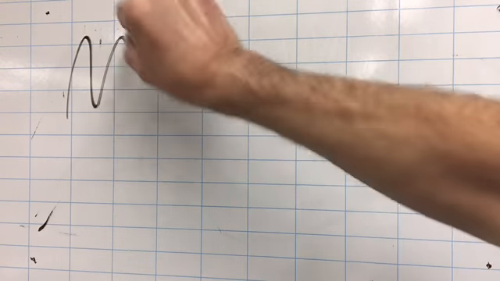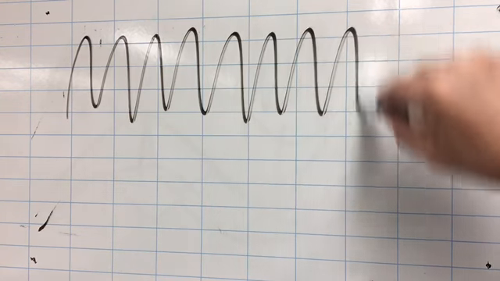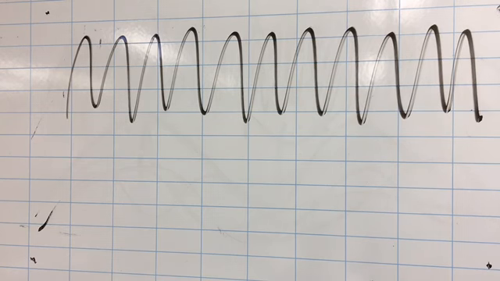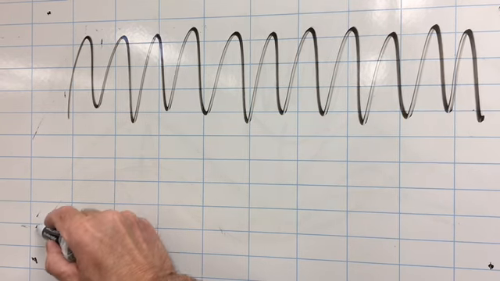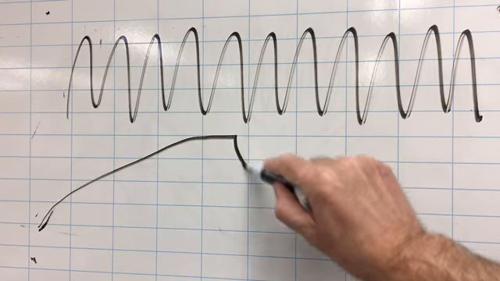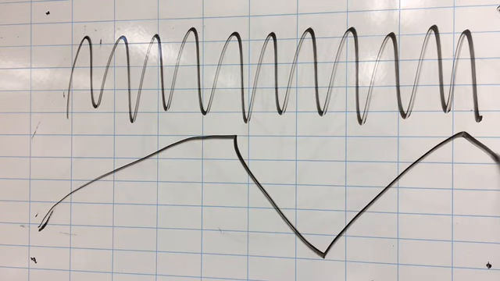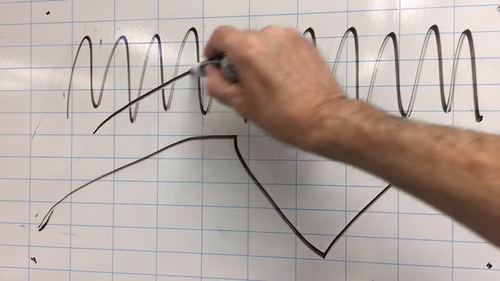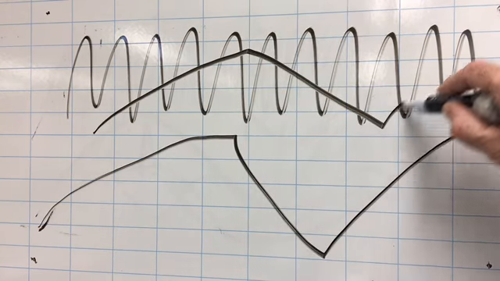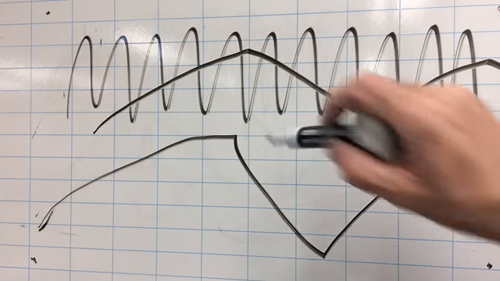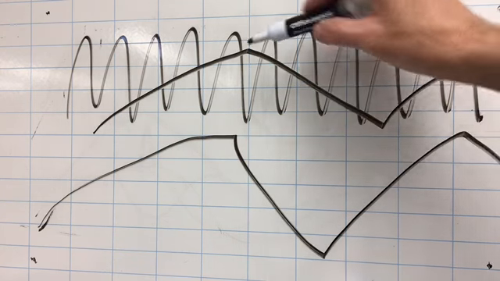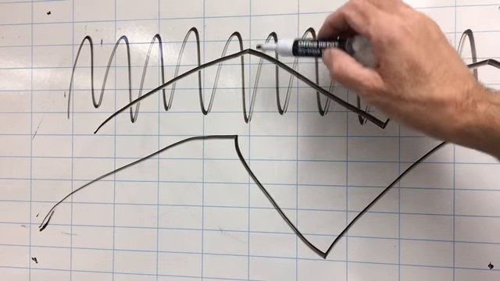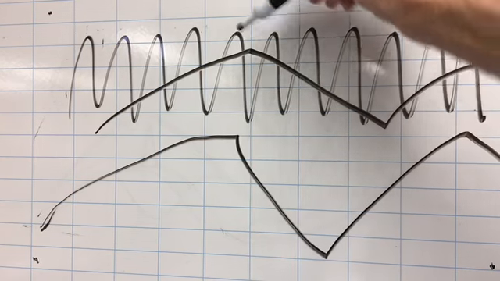What if we draw our higher frequency oscillation example again, and what if we change our lower frequency input to a sawtooth waveform? Well, what we're going to find out is we're getting closer. If we overlap the sawtooth waveform on top of the higher frequency wave, it still looks like DC to the higher frequency.